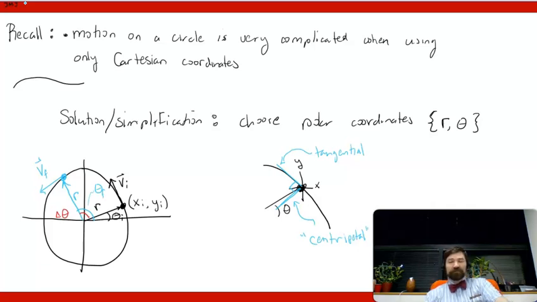If you don't have uniform circular motion, then you may actually have a velocity and an acceleration that are not along those directions. And in fact, if it speeds up or slows down, then you still don't have an acceleration just along those directions, but you will have a component that is centripetal. So, introducing a new idea, centripetal acceleration.